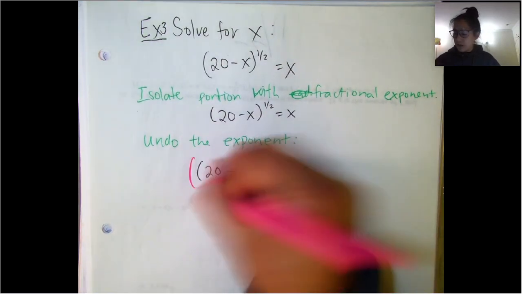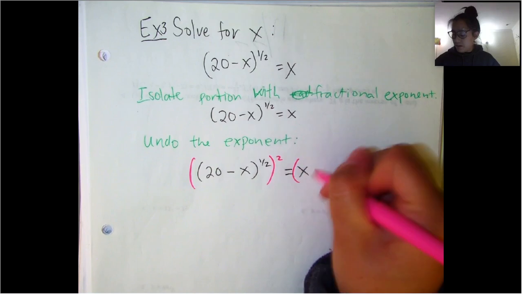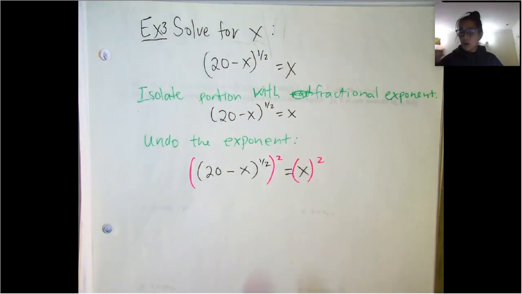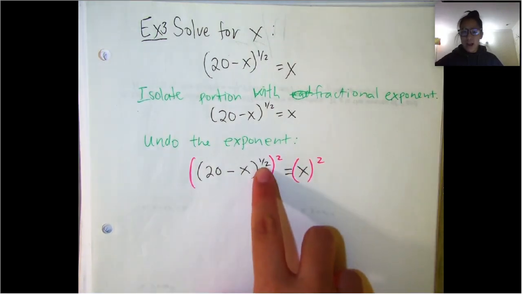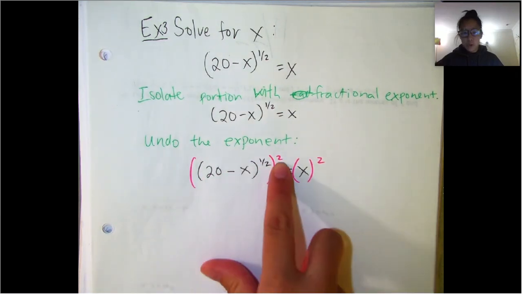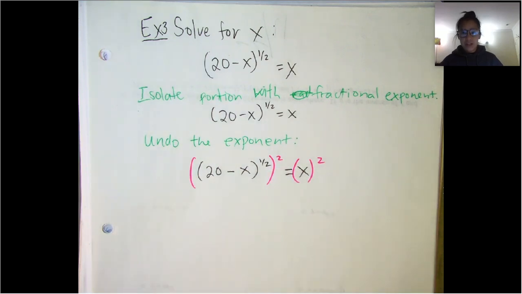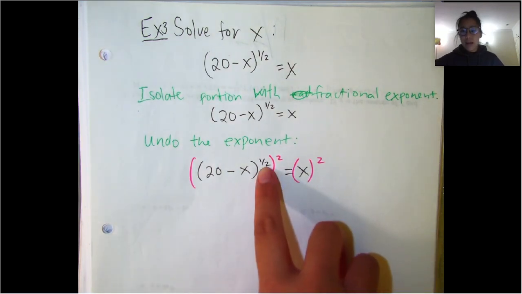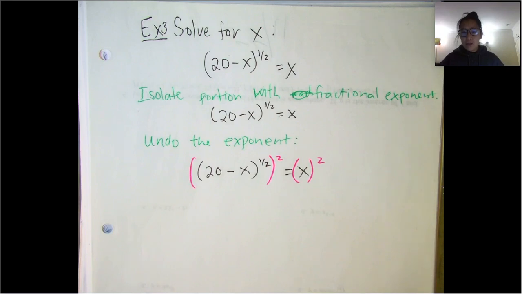Okay, so we're going to do this to the second power. So what do you notice about this 1/2 and the 2? What happens when we take all of this to the 2 power? Well, based on exponent properties, what you should do with those exponents is multiply them. And when you multiply them, they become 1. And that is how we got rid of them.